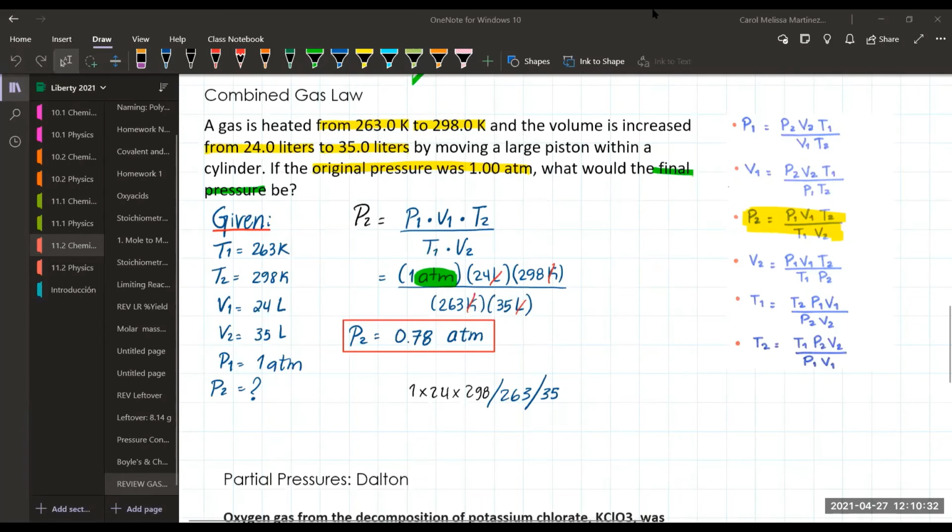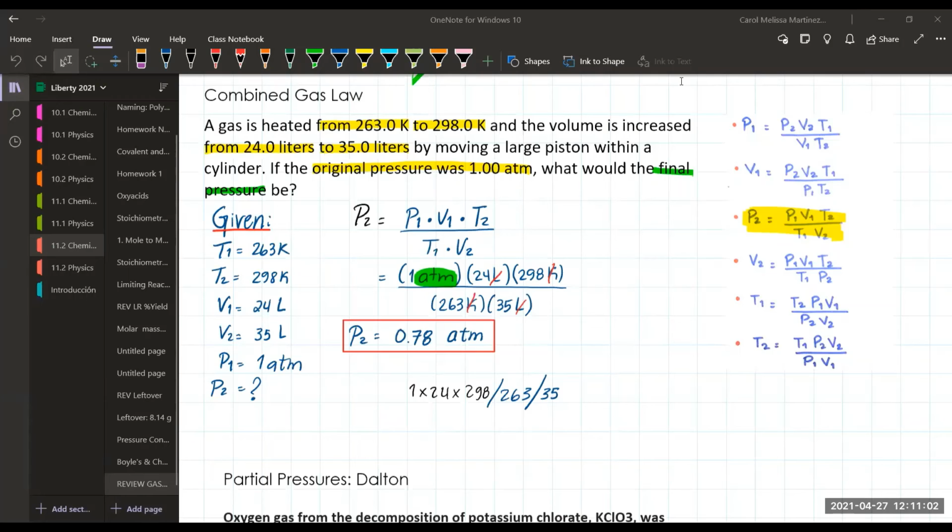Okay, let's see. In combined gas law, we don't have a constant, okay? That's why we have here all the three data involved. We have temperature, volume, and pressure. So here we don't have any condition that is going to be constant, so all of them will vary.